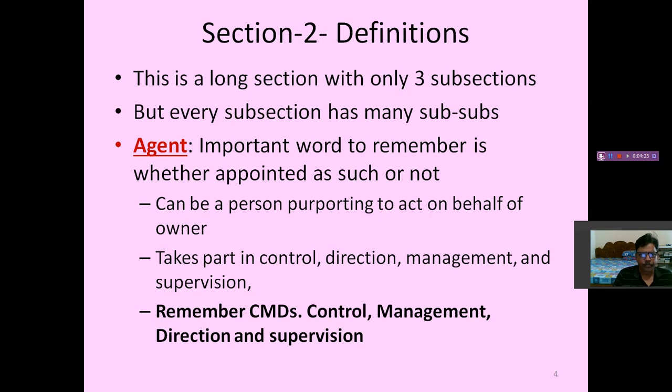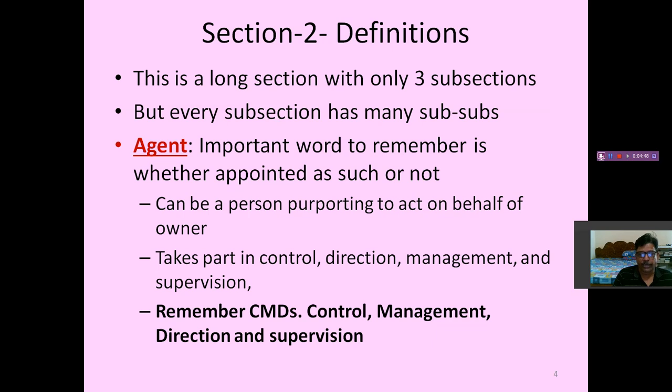Now, there are many other definitions, but we will start with agent. The word agent is actually next to owner, or you can call him more or less an owner, except for enjoying the profits. He is the person purporting.